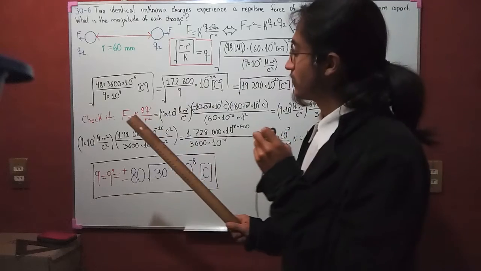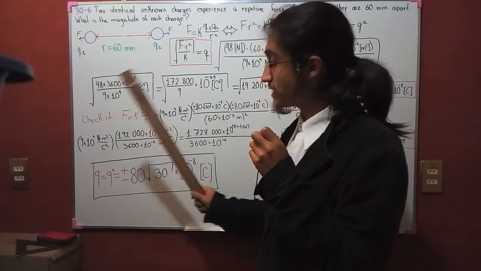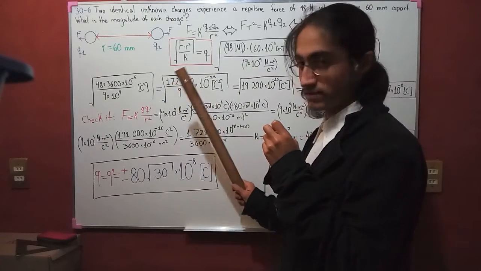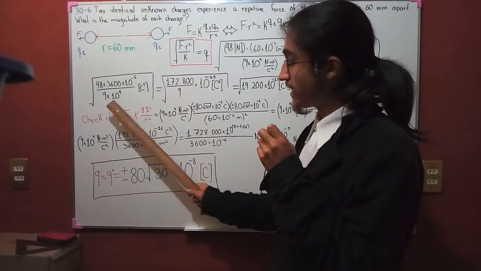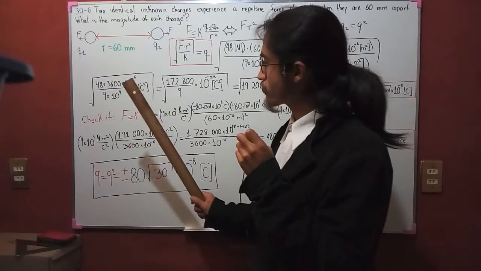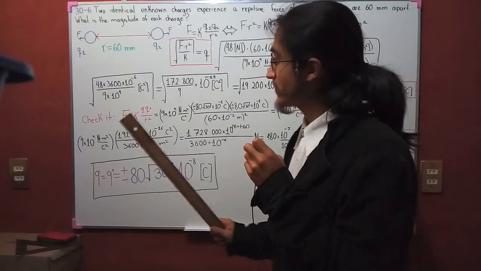Now, 48 multiplying 3600 is equal to 172,800 divided by 9. And negative 6 minus 9 is negative 15.